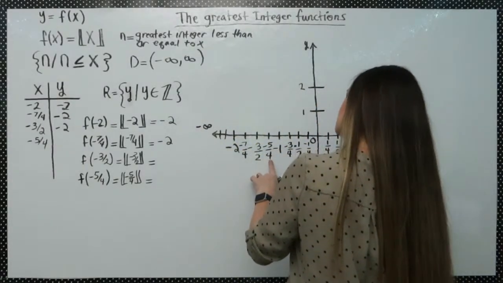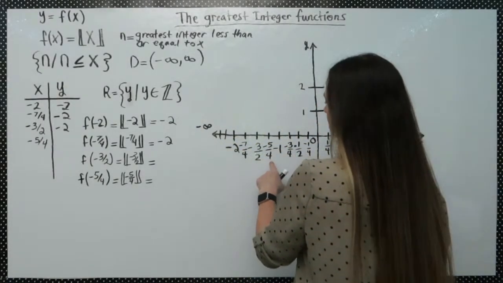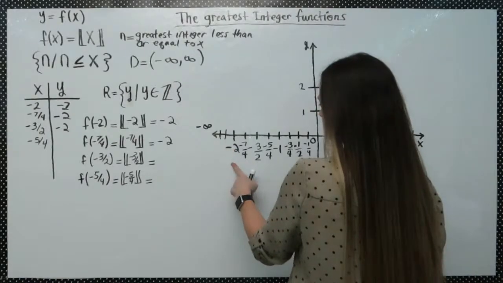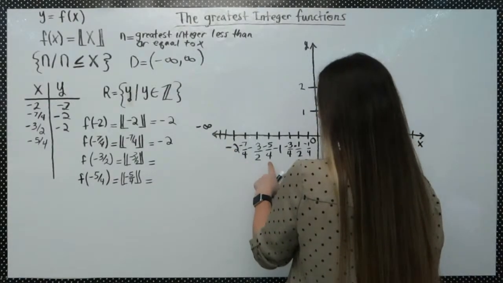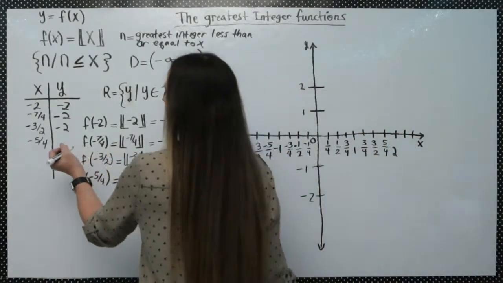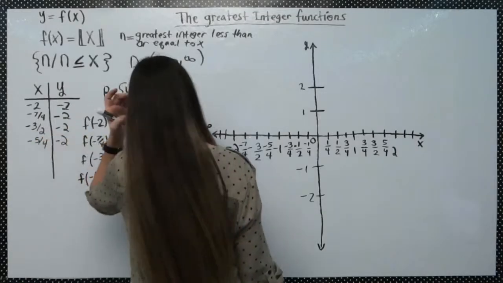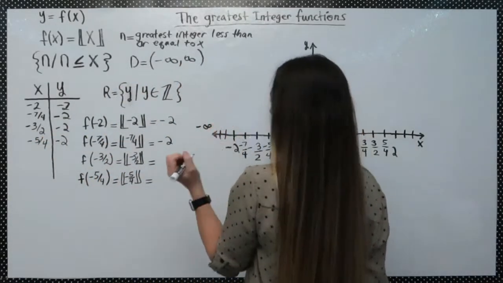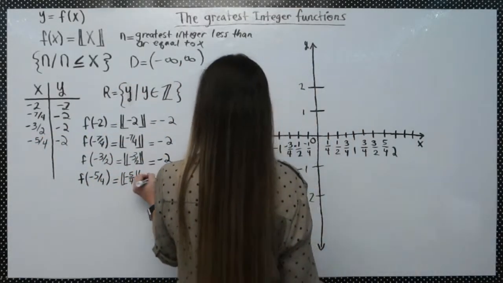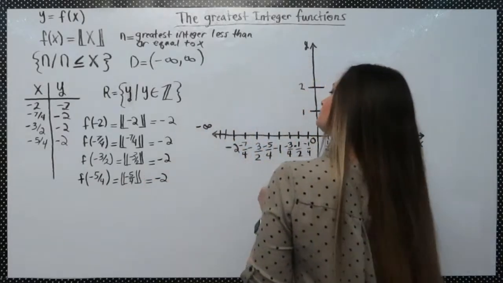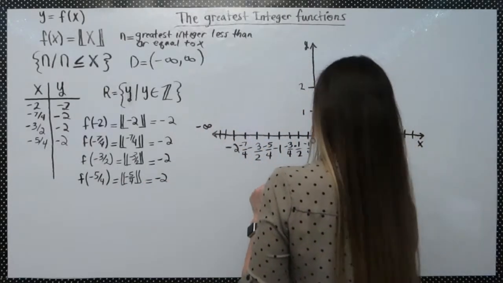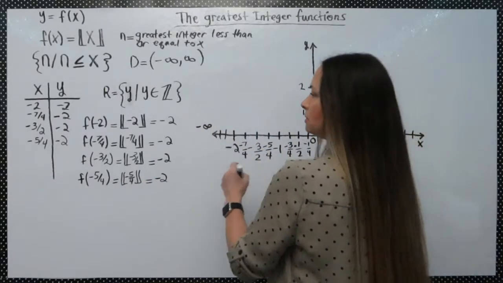And the greatest integer that is less than or equal to -5/4 is -2. So then we're going to go ahead and plug in -1.